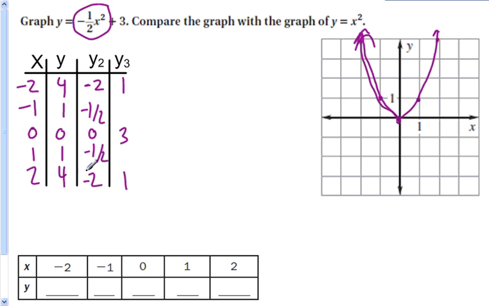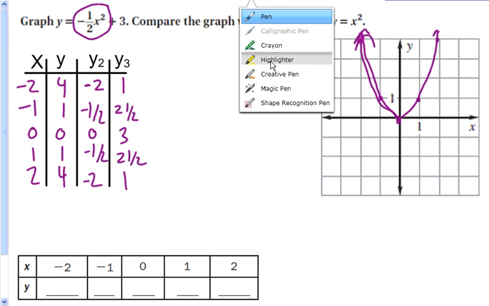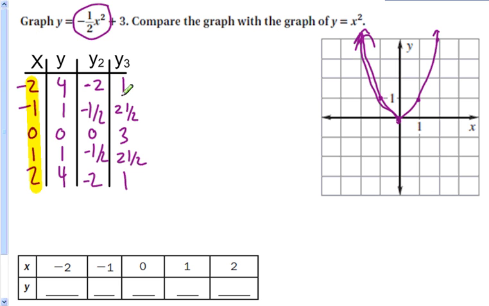That puts me at 2.5, and it's going to be the same here. All right. So all we have to do is plot these x values with these y values, and we'll have the equation y equals negative 1/2 x squared plus 3.